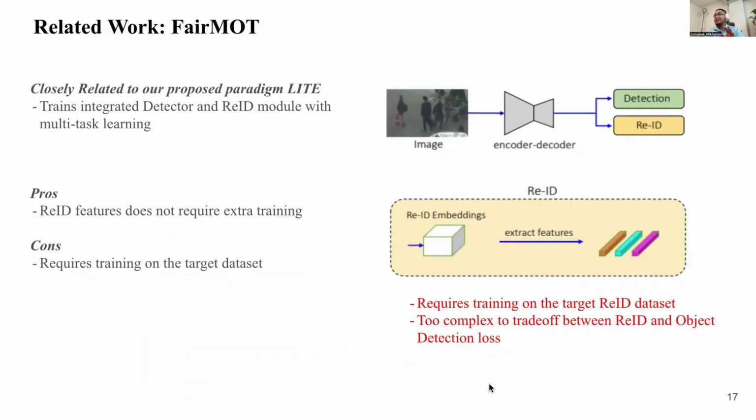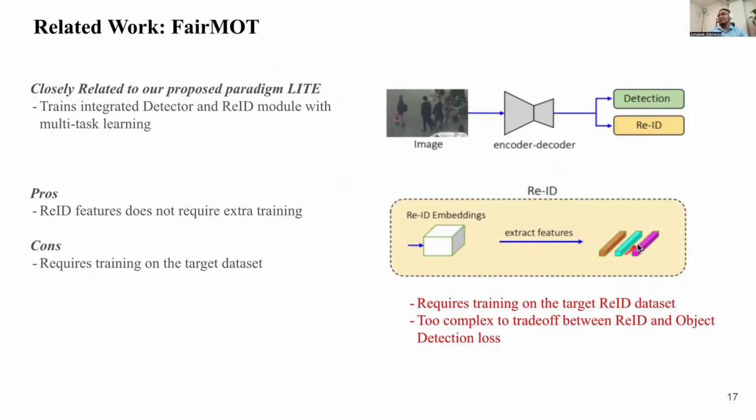So if we go a little deeper into FairMOT, which is the most relevant methodology to the LITE paradigm, basically it trains an encoder-decoder for two objectives, right? So the loss function has to optimize for detection and re-identification at the same time. Re-identification is kind of these embeddings, right?